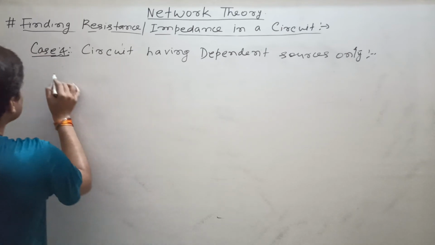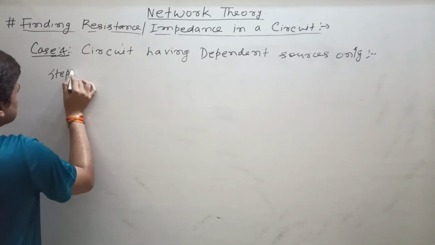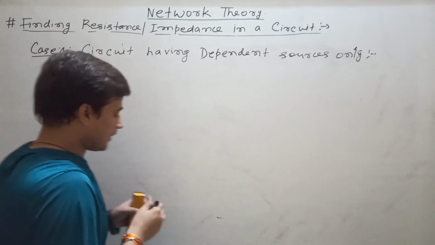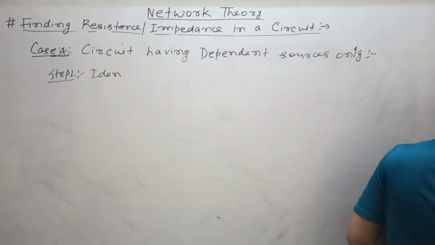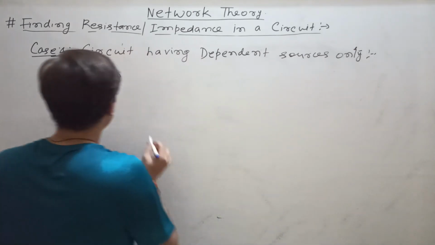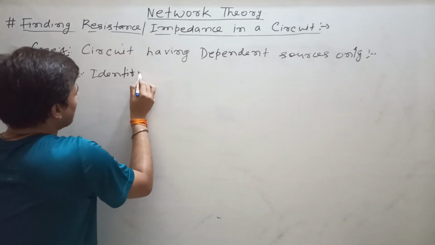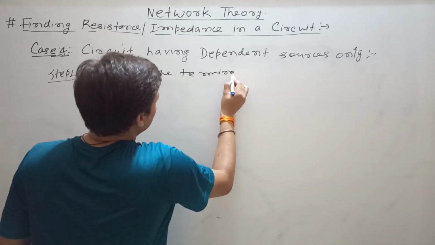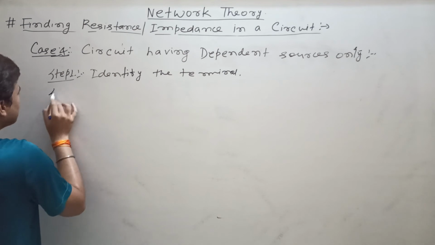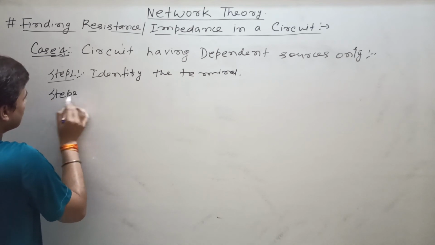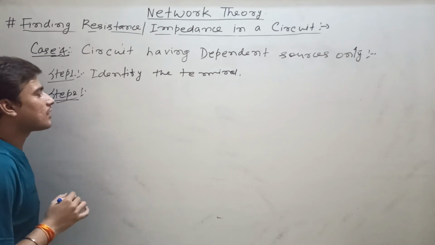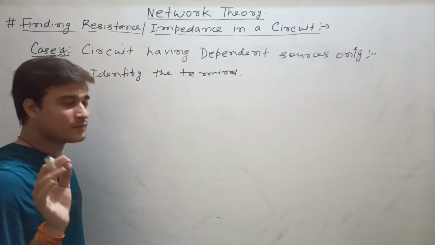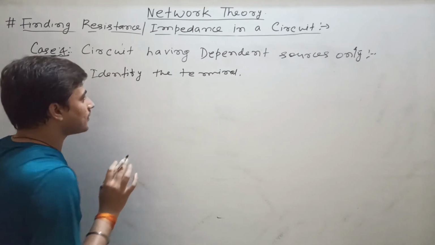So here what is the first step? First step is again identify the terminal. You will have to identify the terminal. Once you are able to identify the terminal, now independent sources are not present, so no need to deactivate any source.